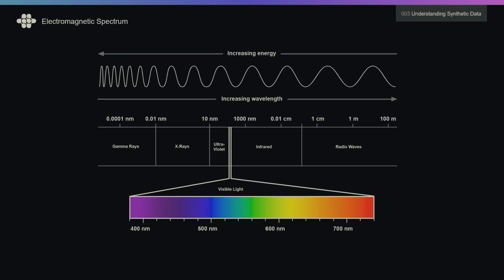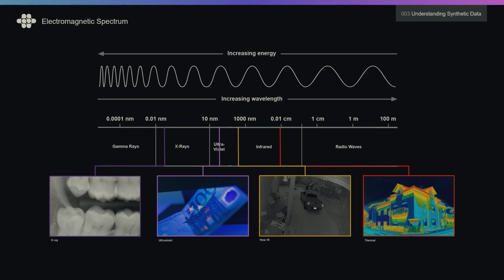Outside of this visible band exists a wide array of different camera and sensor types that we can develop machine learning solutions for in the same way we do for the visible light spectrum. Some examples of this, starting from the far right, I guess, would be thermal imaging, which is commonly used in medical diagnostics, building inspection, and search and rescue.